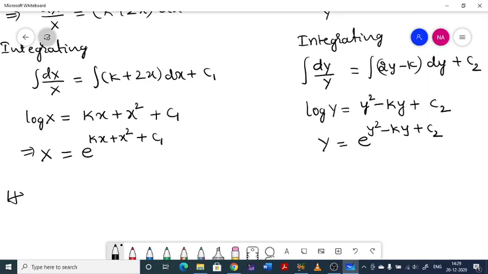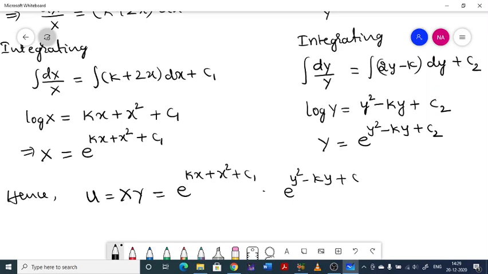Hence I got X and Y. So u equal to XY, that is equal to e power kx plus x square plus c1 into e power y square minus ky plus c2.